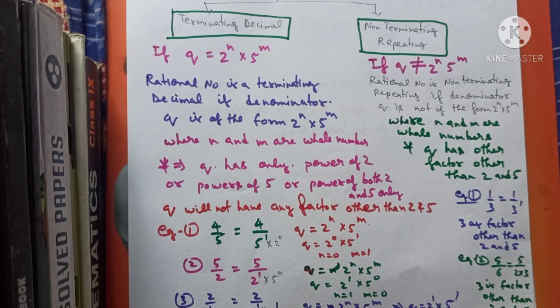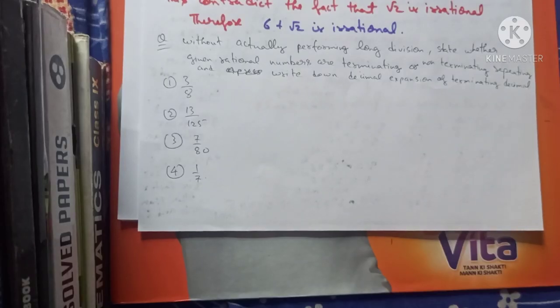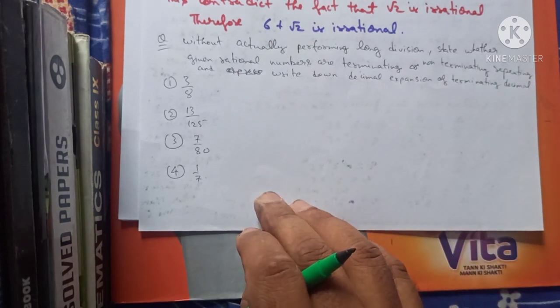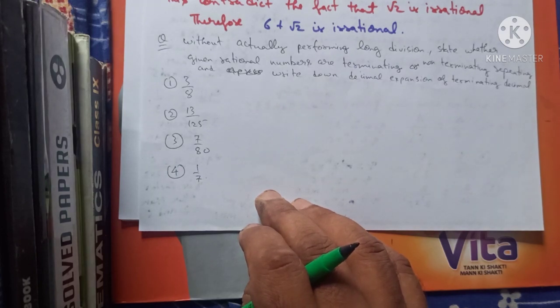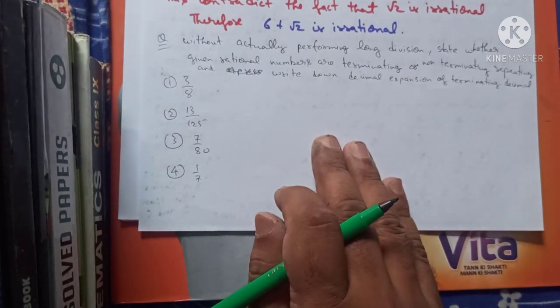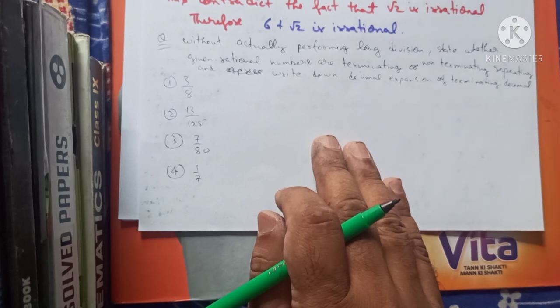Now I think the concept must be clear to you. Look at one example of the question here. Without performing long division, we have to tell whether the given rational numbers are terminating decimals or non-terminating repeating decimals.